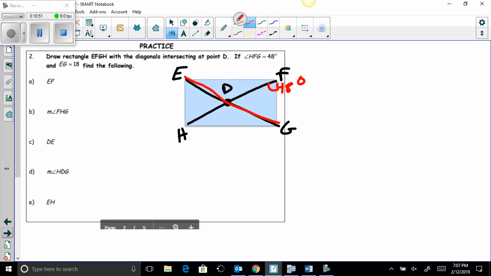If that whole thing is 18, aren't these parts congruent? So wouldn't this be 9 and this be 9? See if I can find the following.